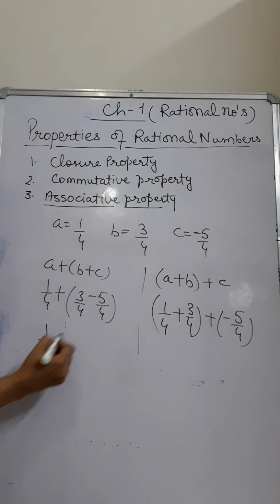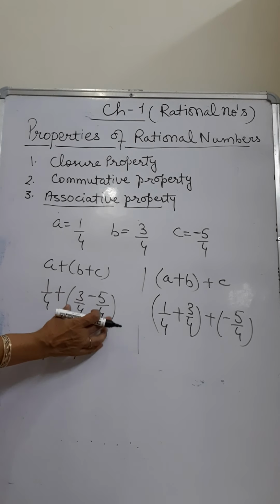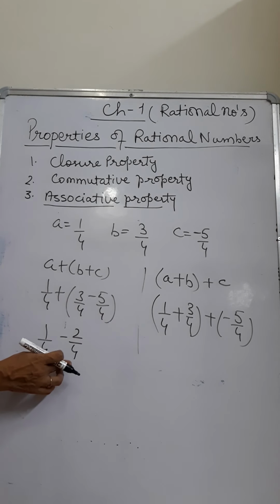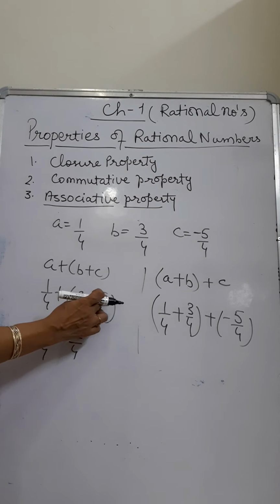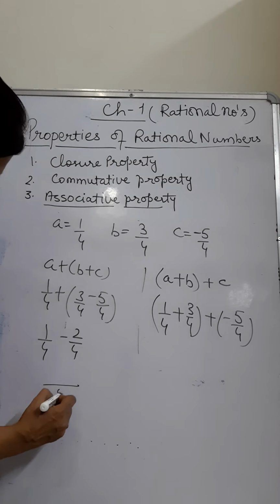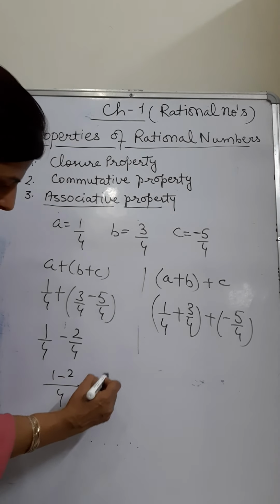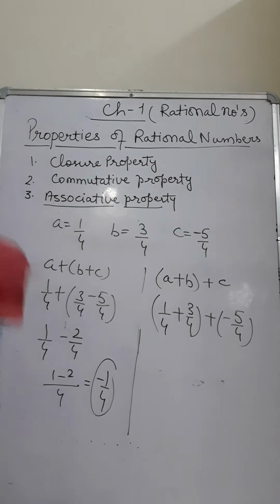By different arrangement, the result will be the same. How? Solve the bracket first of all. It will come minus 2 by 4. When I solve this bracket, it will come minus 2 by 4, because the denominator is the same, 4 will come and 3 minus 5 is minus 2 will come. So what will be the result? It will be minus 1 by 4. Now solve this side.